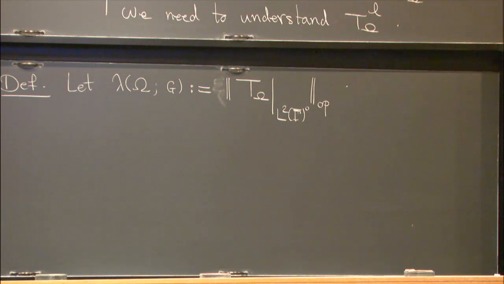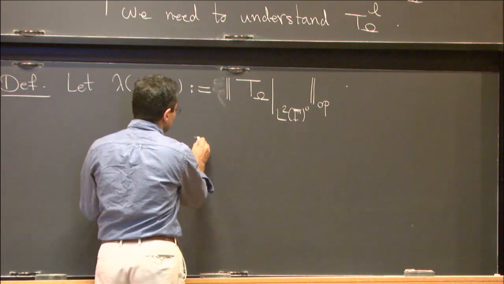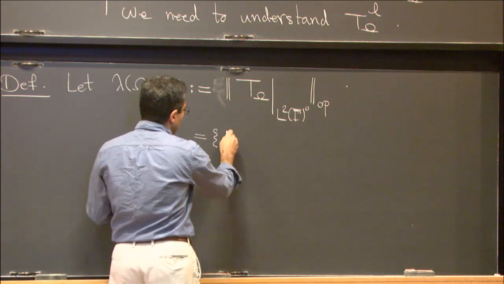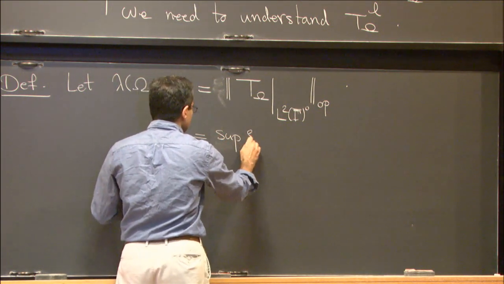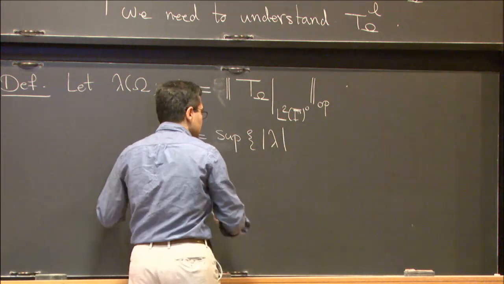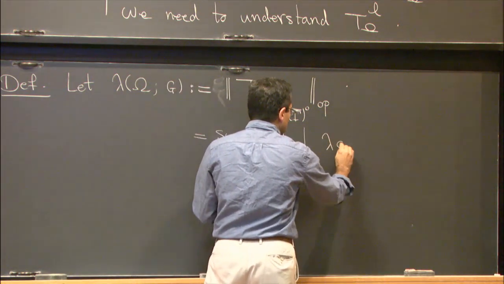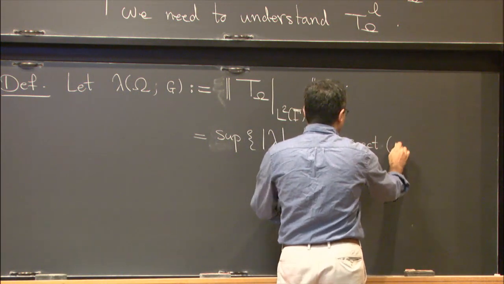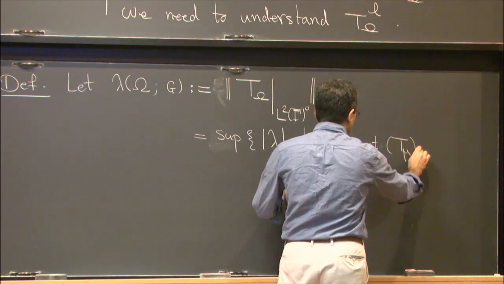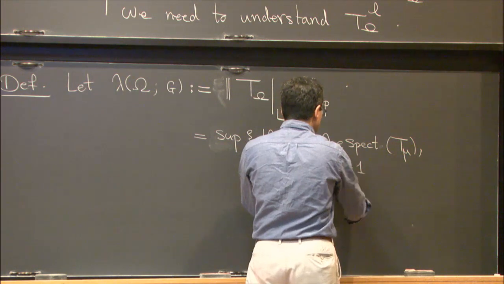Okay, I define this to be this. And as I said, because this is a self-adjoint operator, this is the same as the supremum of absolute value of lambdas, where lambda is in the spectrum of the operator T omega, and lambda is not 1.